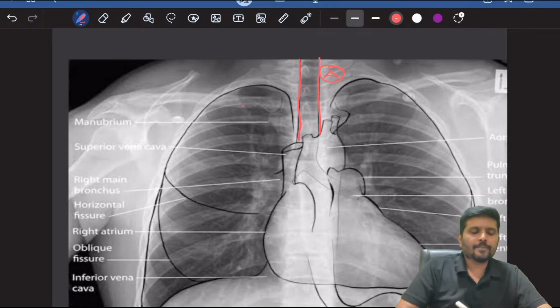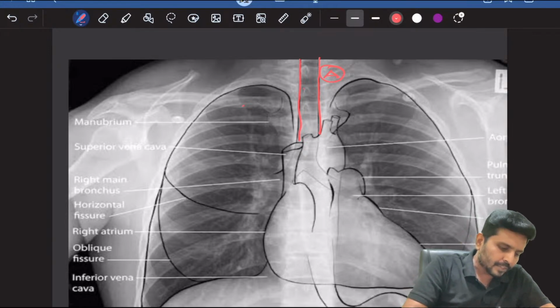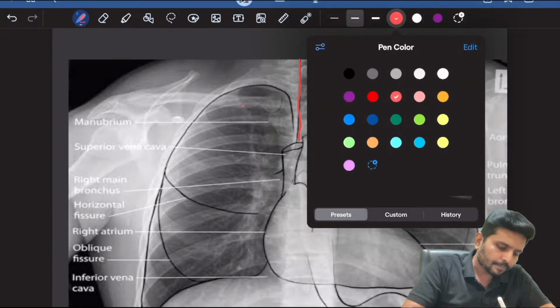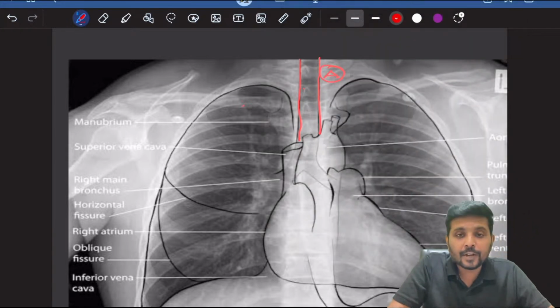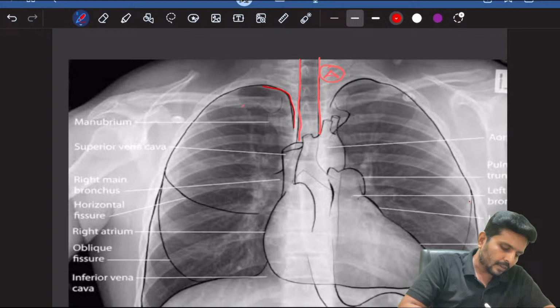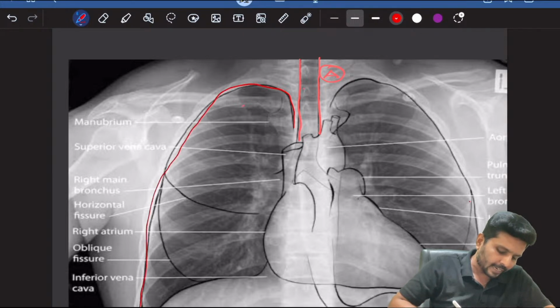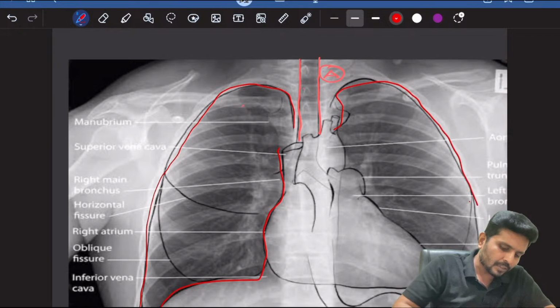Second one is B. B stands for breathing. Breathing means with respect to lung. So look at this lung. This is the volume of the right lung, and this is the volume of the left lung.